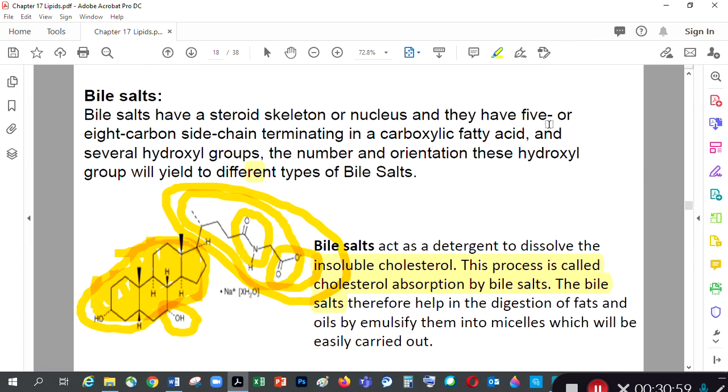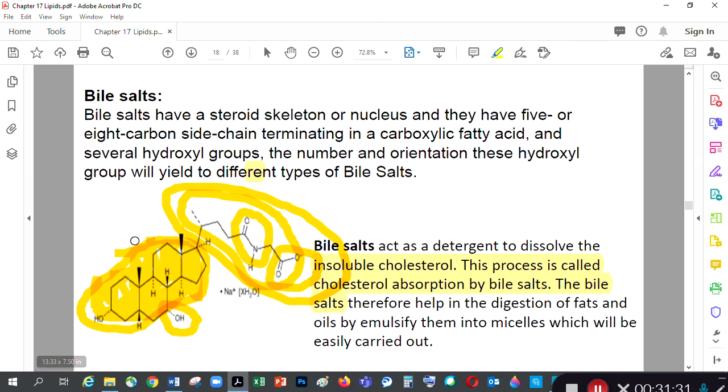They have a 5 or 8 carbon side chain terminating in a carboxylic acid. So they do have a carboxylic acid, correct? And an imide group as well. They have several hydroxy groups, the same as here, with one extra compared with cholesterol. And because of these hydroxy groups at different locations, you can figure out different types of bile salts.